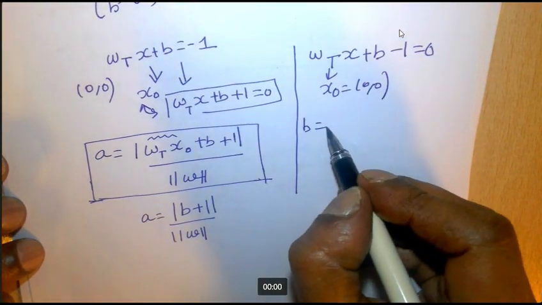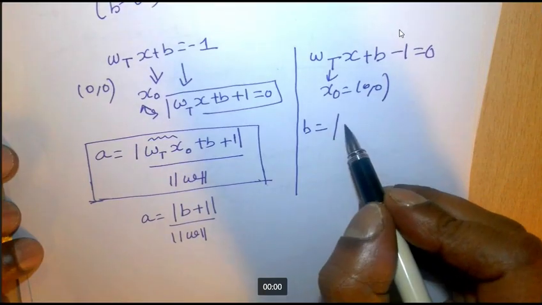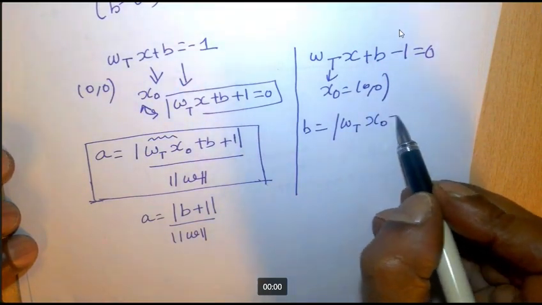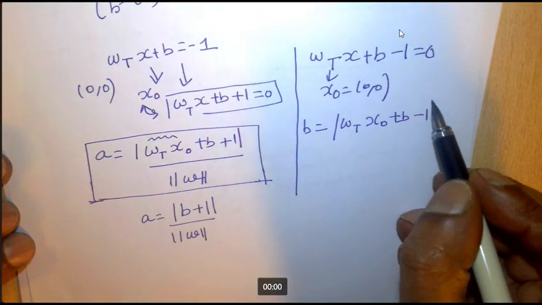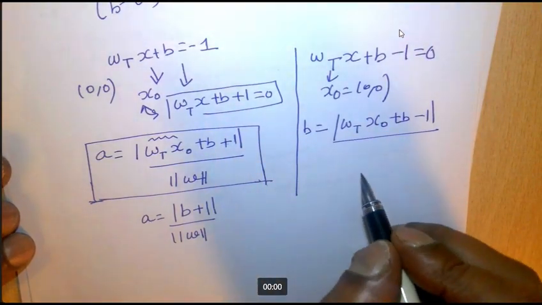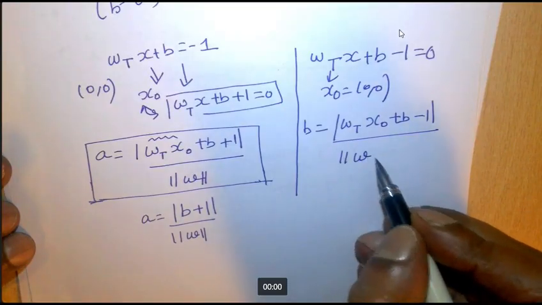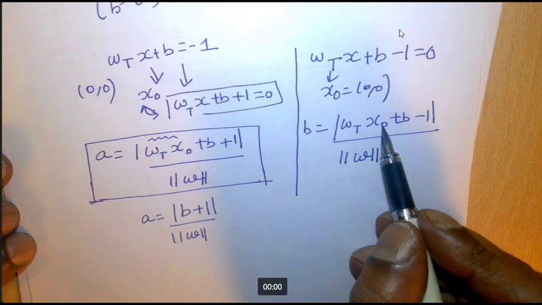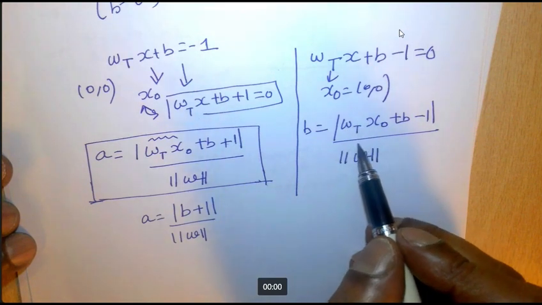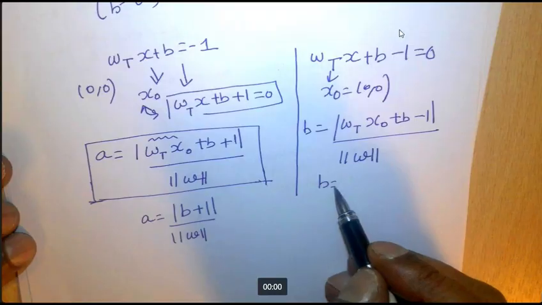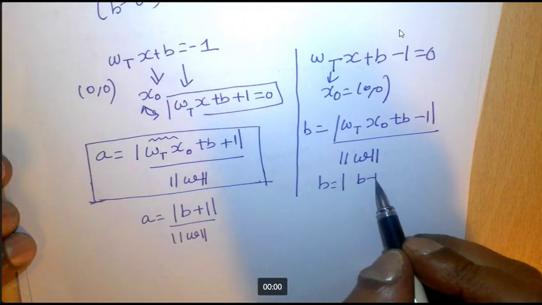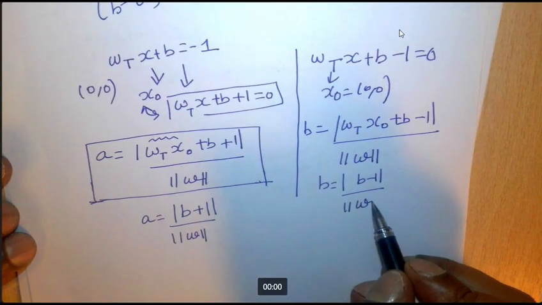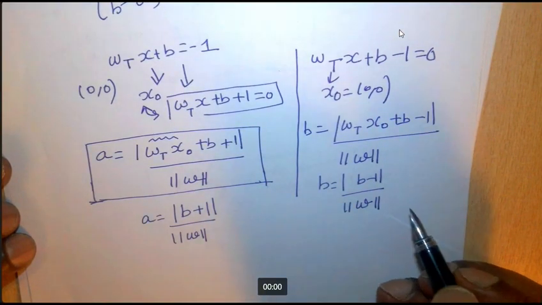That distance we label as b, which is the modulus of w^T x0 + b - 1 divided by the norm of vector omega. Again x0 is (0, 0), so this whole term becomes 0, which means b will be the modulus of b - 1 divided by the norm of vector w.